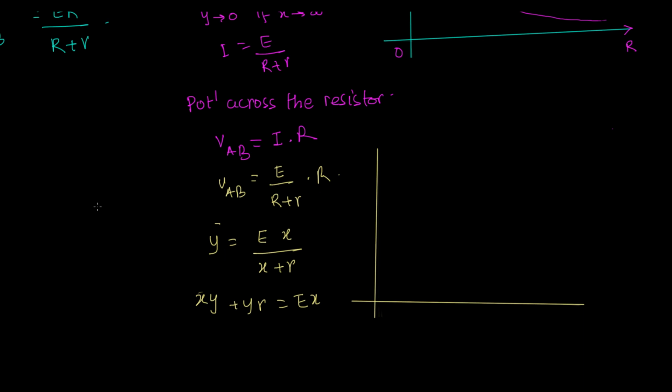Now let us put some endpoints. What happens to the graph? Let's say if R is equal to 0, what happens? This will become 0, correct? So this is one of the points. Now what happens when R tends to infinity?